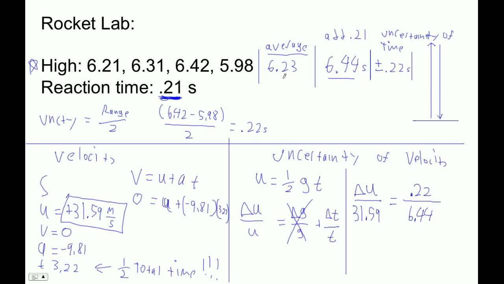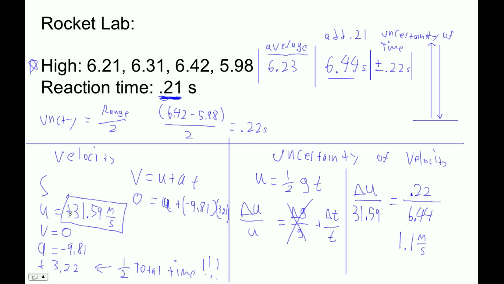Although one could argue maybe we'd use this, I'll have to think about that. So I'm going to take this number here, multiply by 0.22, divide by 6.44, and I get about 1.1 meters per second.